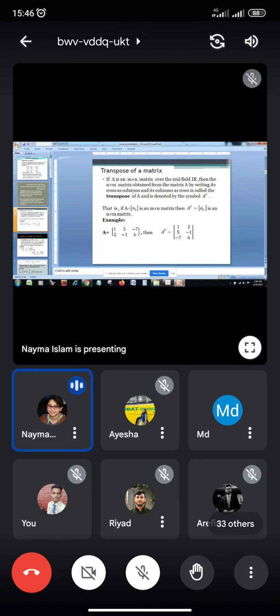You have to replace rows as columns and columns as rows. This is called the transpose of any matrix, and we denote the transpose of matrix A as A transpose. Using this symbol, you can denote the matrix A transpose. So this is the example.